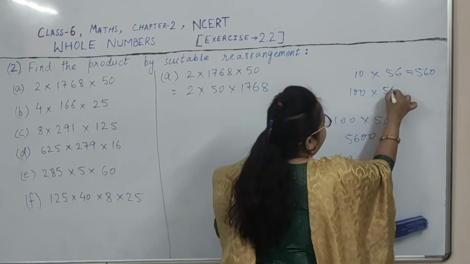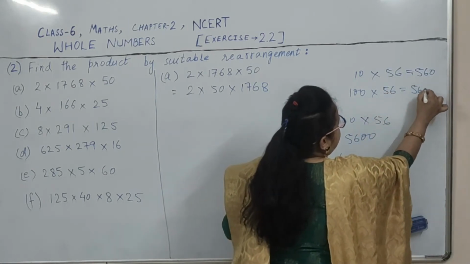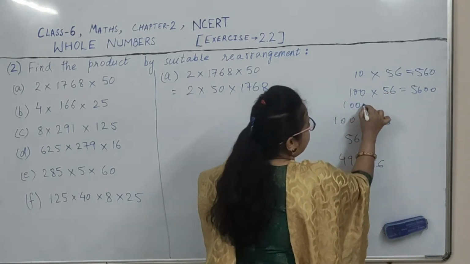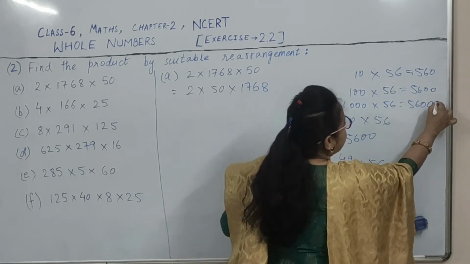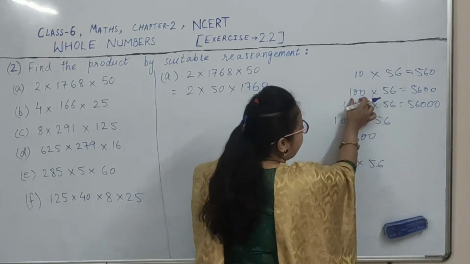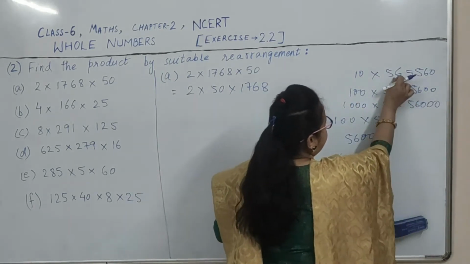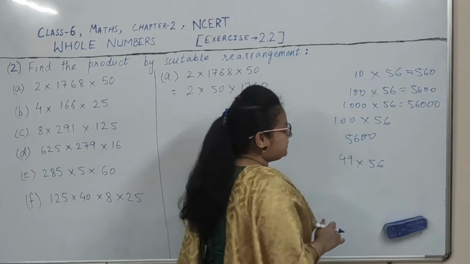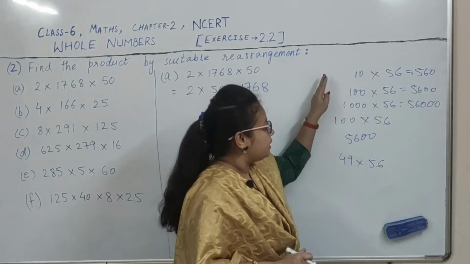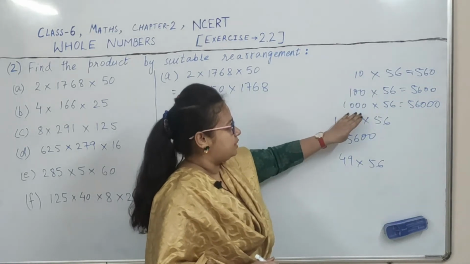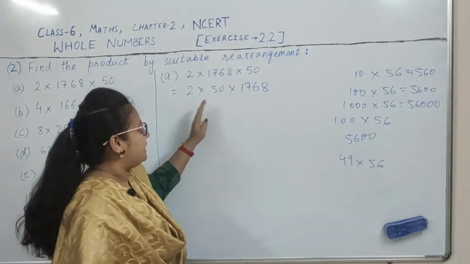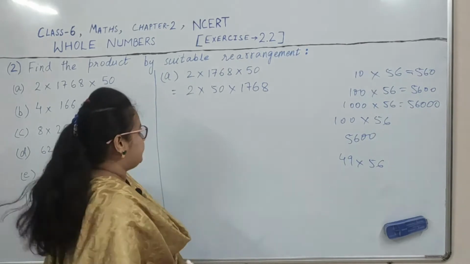If it is 100 multiplied by 56, it is 5600. If it is 1000 multiplied by 56, the answer is 56,000. 56 multiplied by 10 is 560. So our motive is to bring 0, 00, 000 like that, so that the multiplication becomes easy.